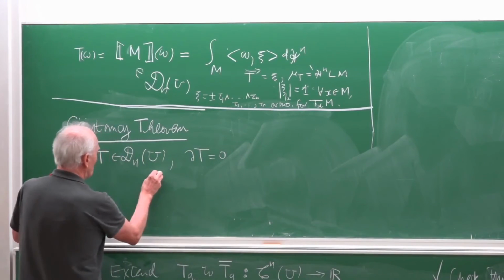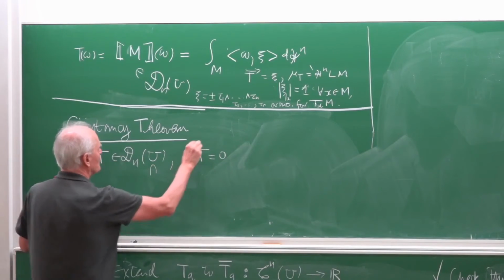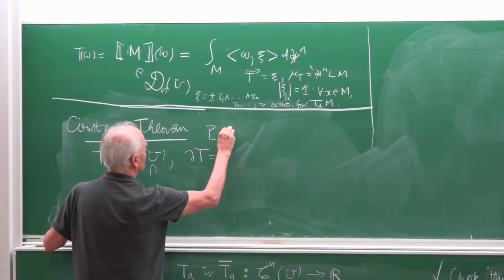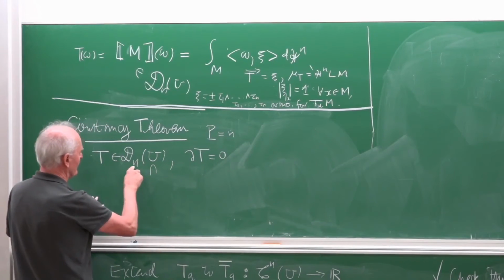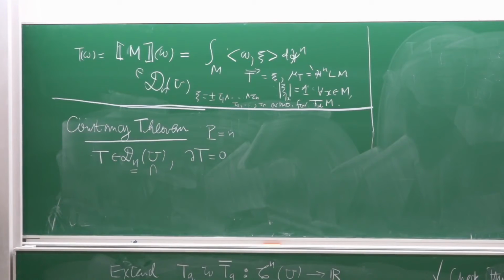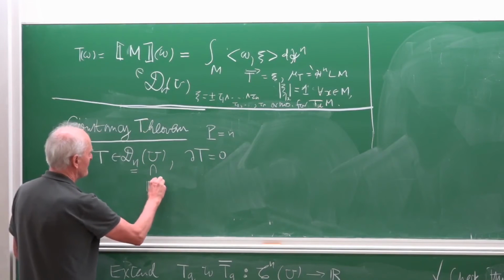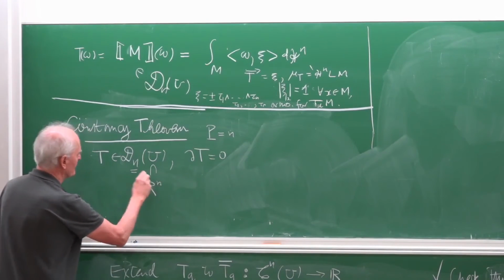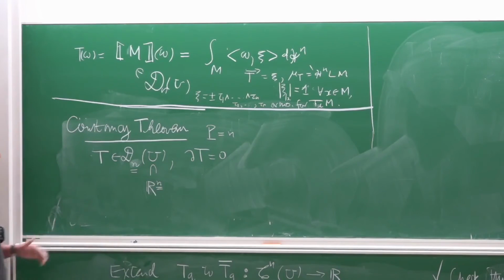And most importantly, this theorem refers to the case when p is equal to n. So U is an open subset of R^n, and it's the same n as the dimension of the current, right? So this is a very special case. So U is, instead of being in R^p, now in R^n, same n. So this is the top dimension, in other words.